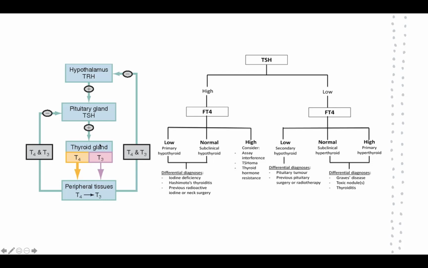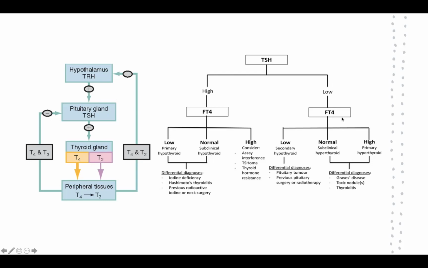So if our thyroid gland has a problem and it's not releasing enough hormones, we expect our TSH to be increased and give it that extra boost. But for some reason, our TSH is low as well. So that tells me that there's a higher up cause. So maybe there's a pituitary tumor, or maybe there was some pituitary surgery or radiotherapy that's impaired the function of the pituitary gland.